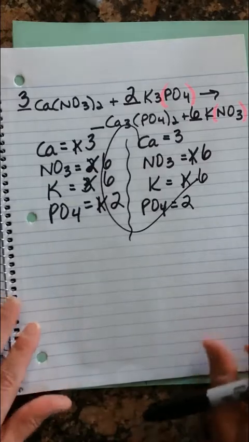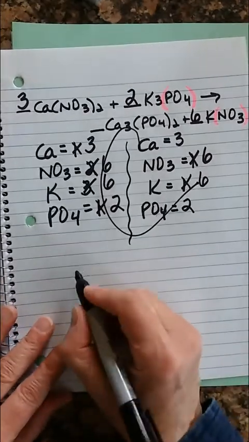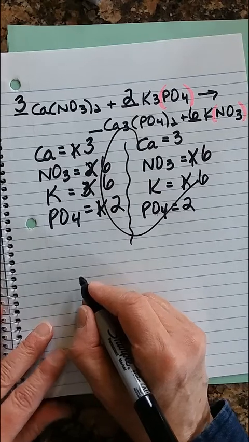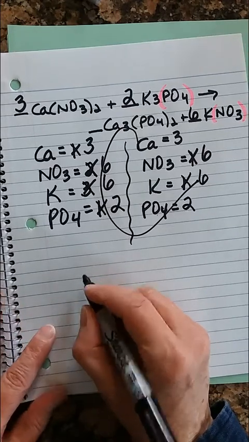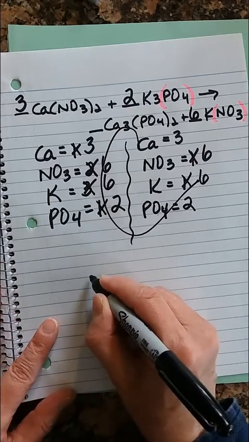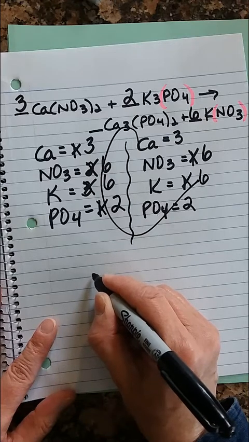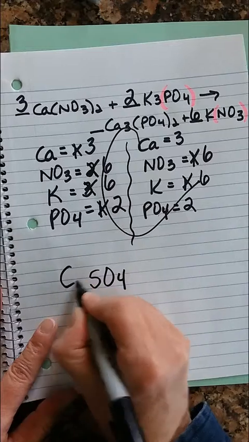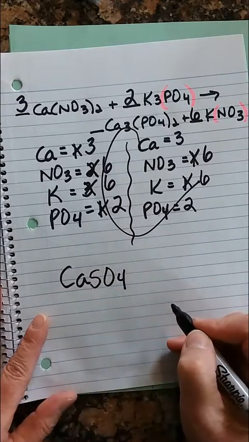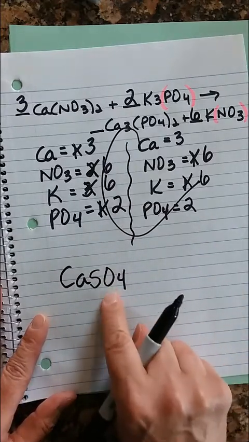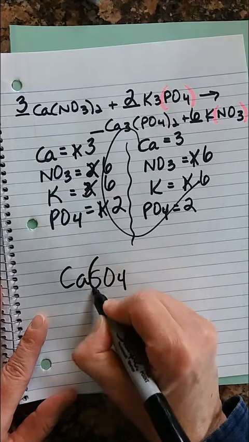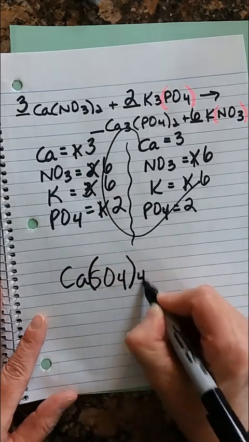Now I just want to show you one other thing, and then I'm going to give you a couple equations to try just to see if you understand. You can email me questions if you want to, if you're not sure of something, okay? Let's look at SO4. So let's say I have in a formula CaSO4, okay? If I had 4 SO4s in the formula, then I would see a parenthesis around it and a 4 on the outside.